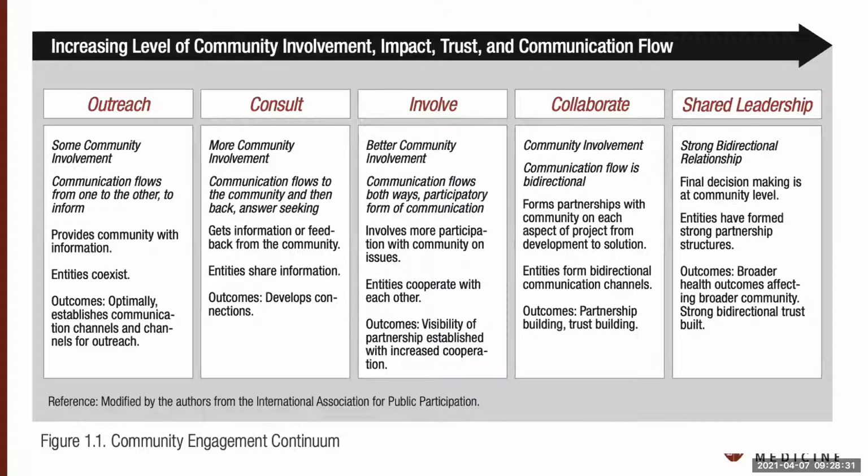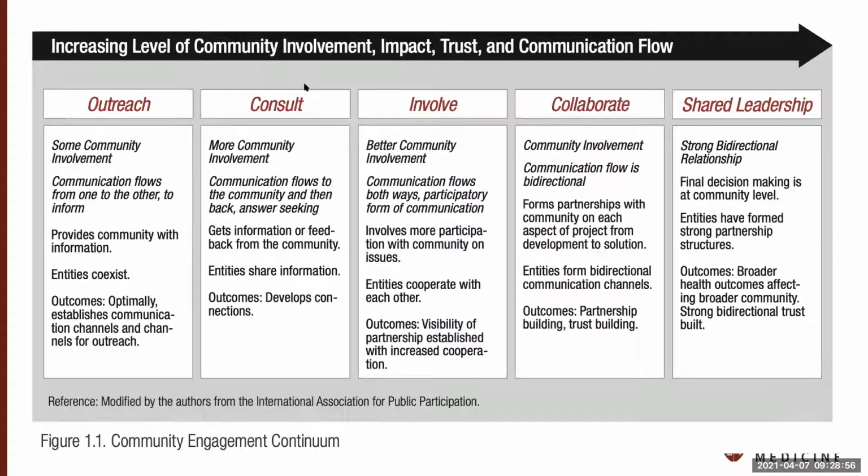There's some sort of visible partnership at this stage. And you might actually, if you wanted to evaluate your success at this stage, think about evaluating the partnership itself. How does the advisory board feel about being involved in the research? How much of a stake do they have in the research? And there's a lot of cooperation at this phase.